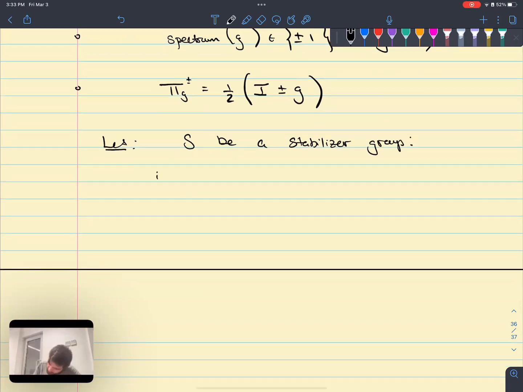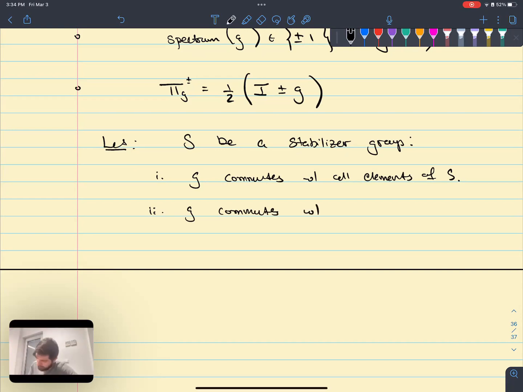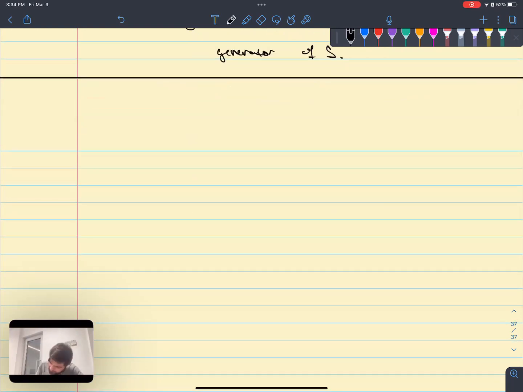There are two options: either G commutes with all elements of S, or G anti-commutes, sorry, anti-commutes with one or more generators of S. Okay, so we take the second condition first.